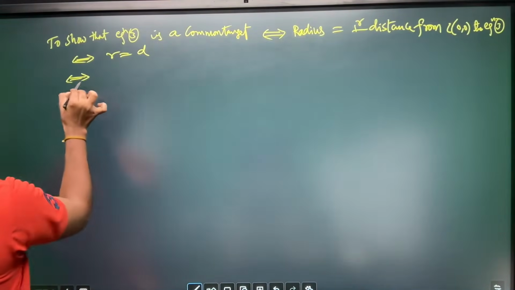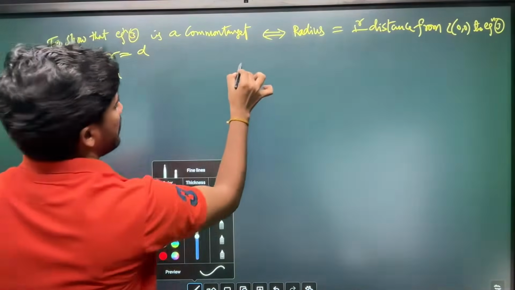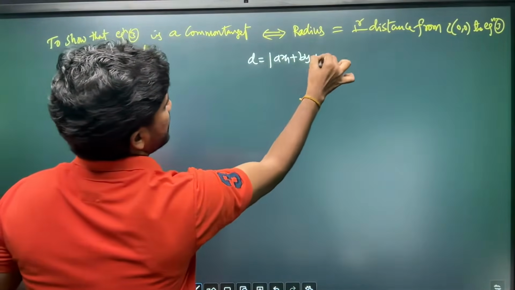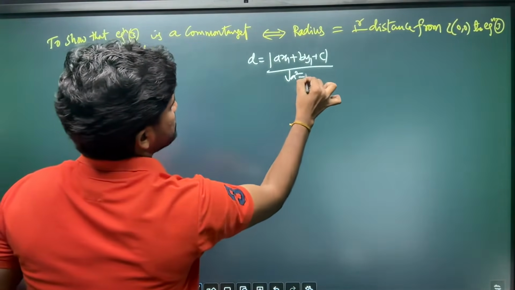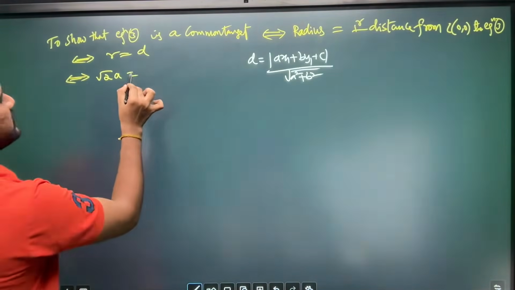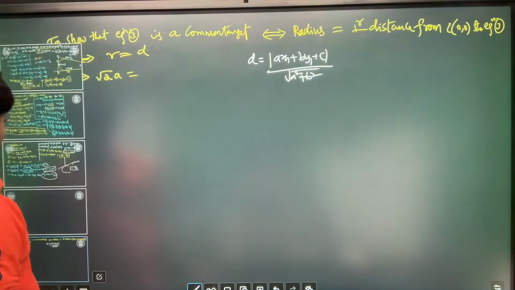You know very well what is small r value, root 2a, and you know very well the perpendicular distance formula: small d is equal to mod of ax1 plus by1 plus c by under root of a square plus b square. Clear? Okay, so now substitute that value here. Small d is nothing but ax1 plus by1 plus c1. What is that equation here?